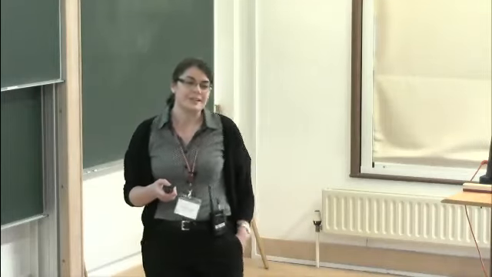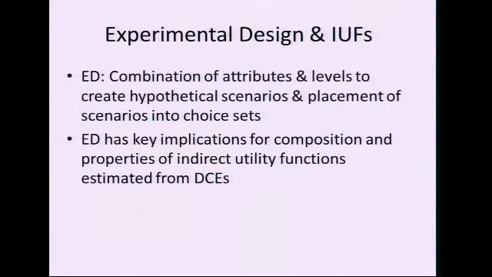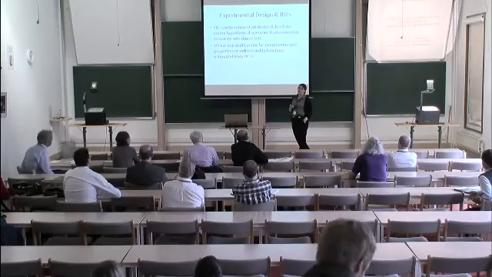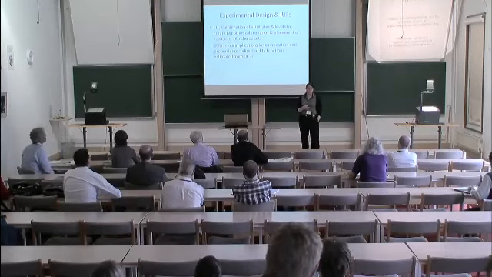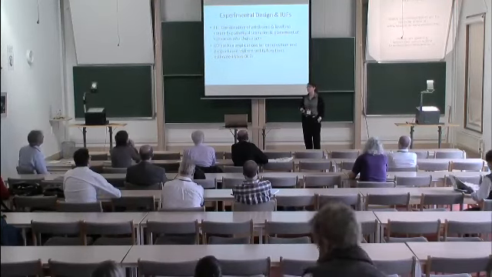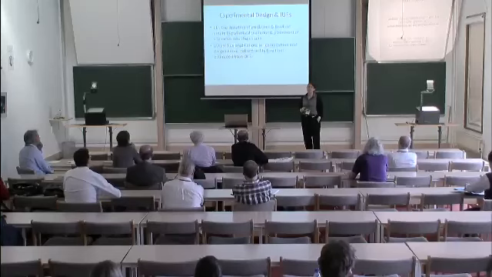As you already know, experimental design is a combination of the attributes and levels to create alternatives or profiles, scenarios, but then also the placement of those into choice sets. So the experimental design has key implications for the composition of our indirect utility function, and particularly what type of effects we can estimate.